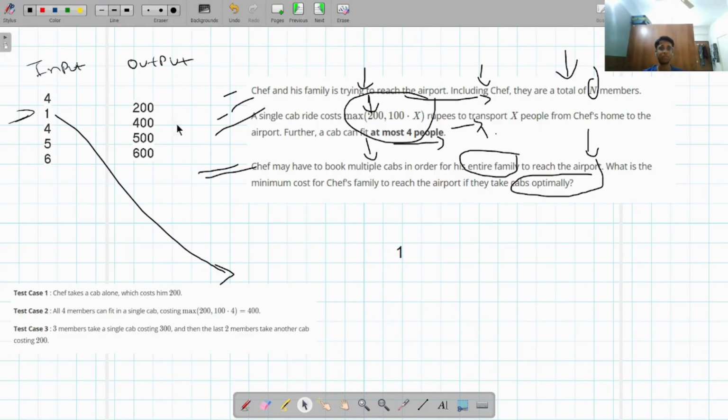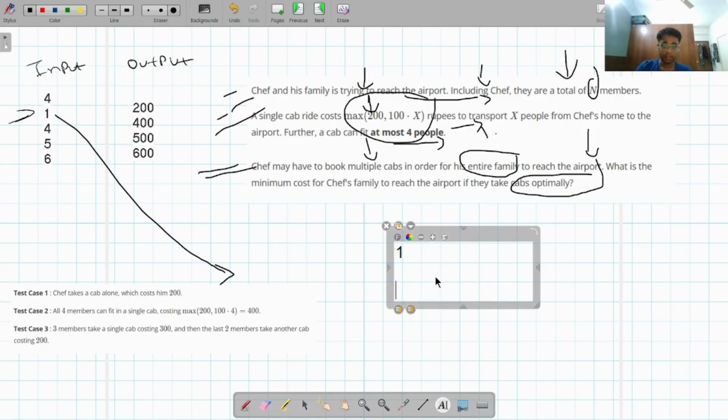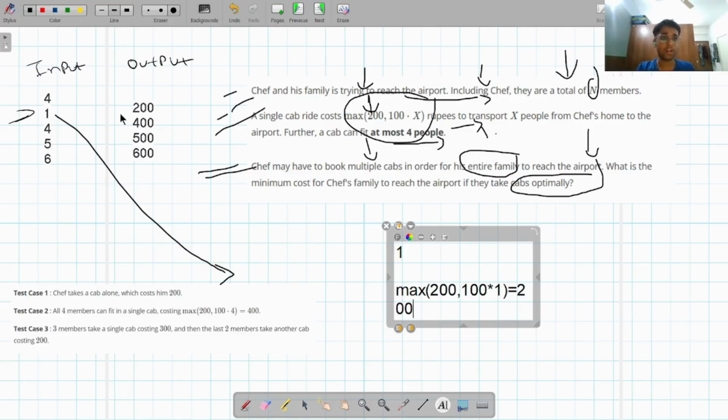Which will cost him 200, because if you do the maximum of 200 comma 100 times X, which will be 200 comma 100 into 1, the maximum would be 200, with X being 1. So the output is simply 200, right?